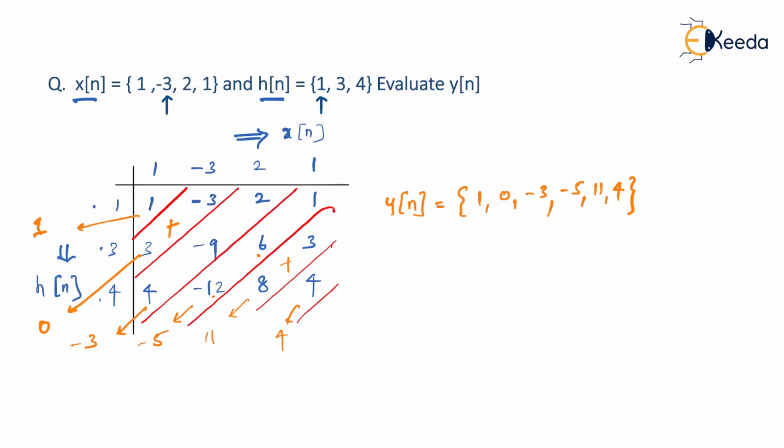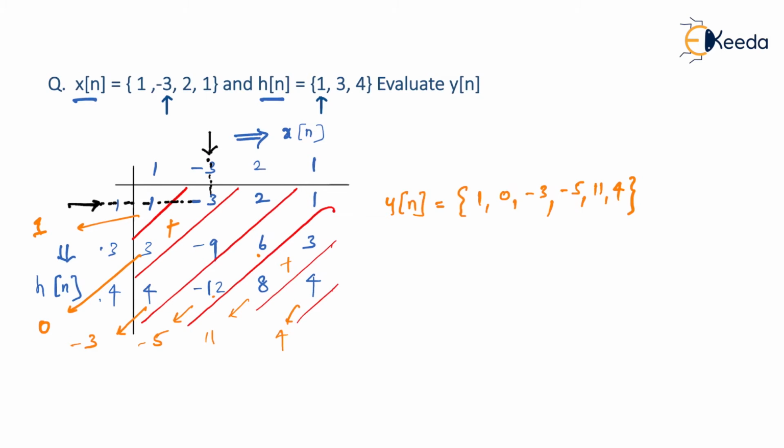Now only one thing is left, to identify the y of n equal to 0 position. So how do we identify this? The similar way we did it last time. See to it, n equal to 0 position for x of n is here, and for h of n, it is here. In that case, as I said, just go on extending and see where the common meeting point is.